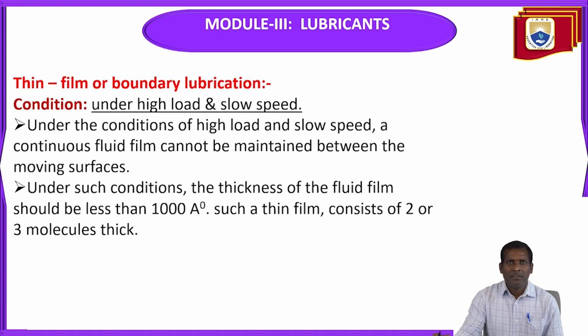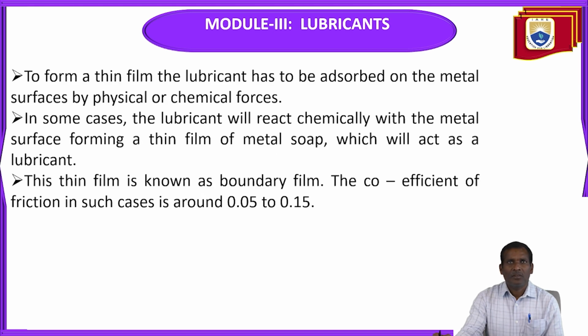Under such conditions, the thickness of the fluid film is less, a thin film consisting of 2 or 3 molecules thick. To form a thin film, the lubricant has to be adsorbed on the metal surfaces by physical or chemical forces.